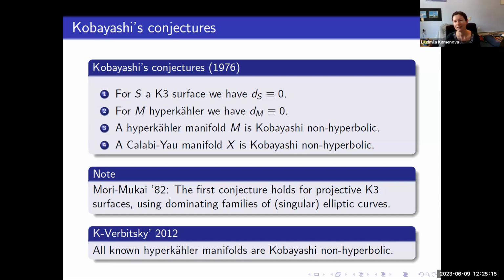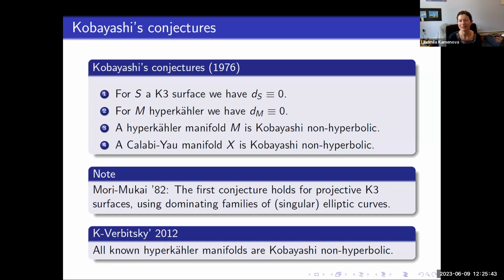And so what happens is every time you have a Lagrangian fibration, because the general fiber is a Lagrangian abelian variety, you have non-hyperbolicity. And there is a theorem of Brody which says that non-hyperbolicity is preserved in the limit.